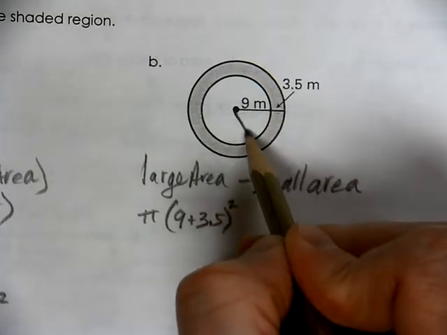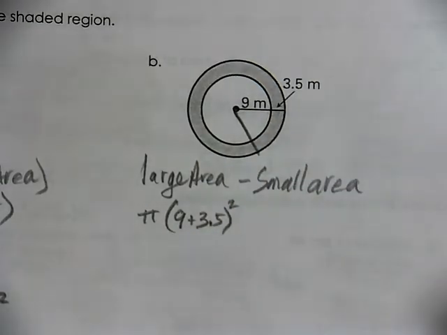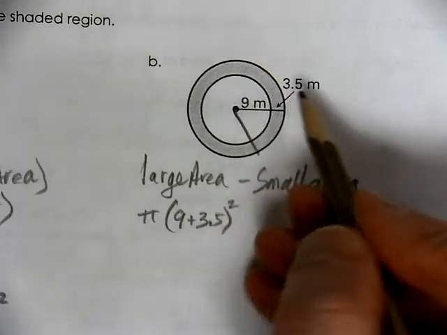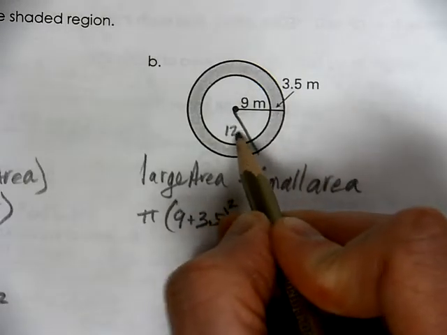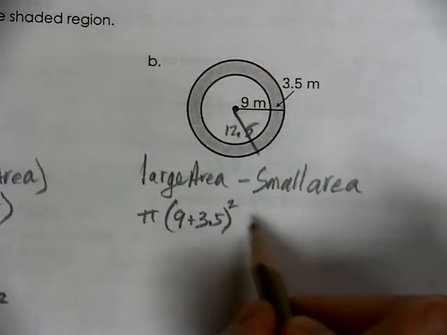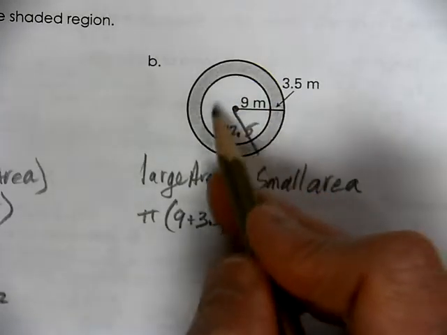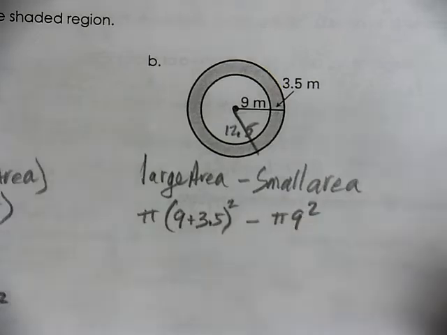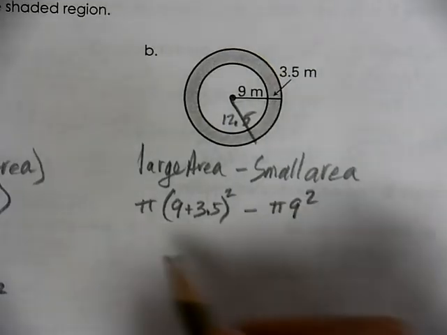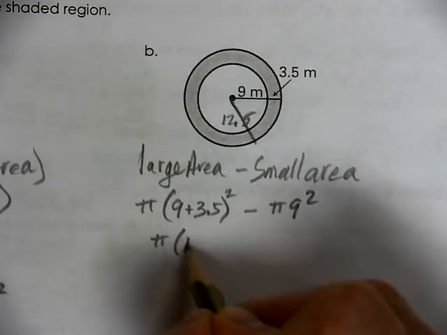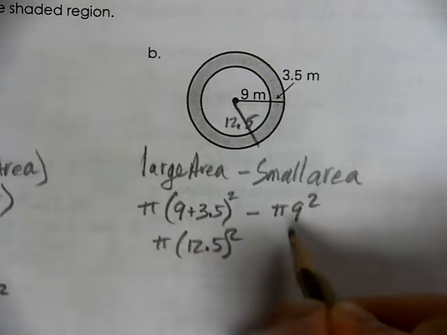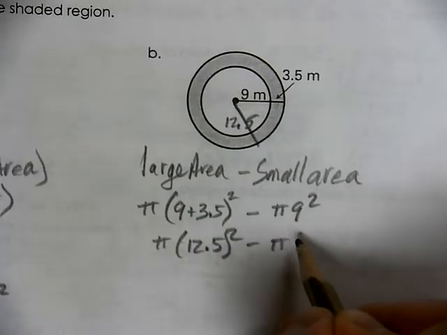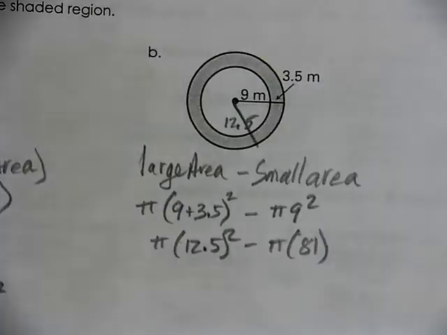That's a radius all the way to the edge, and that's going to be 12.5. And we're going to subtract the small circle, which is pi times 9 squared. So we have pi times 12.5 squared minus pi times 81.